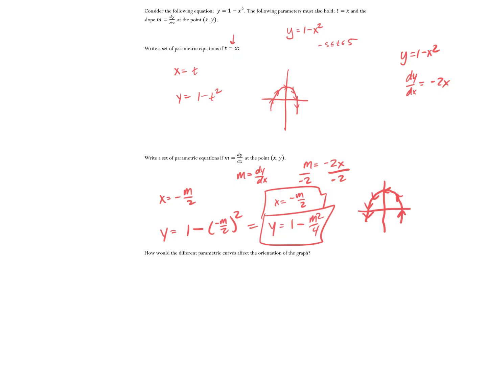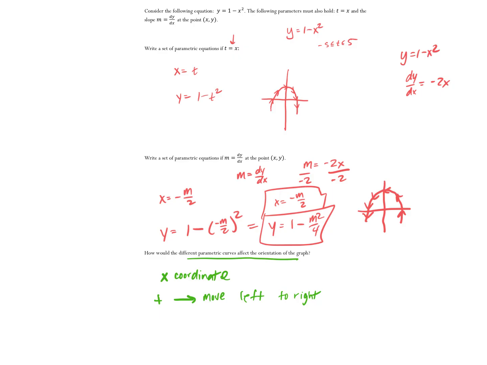So how do different parametric curves affect orientation on the graph? Essentially, if the x-coordinate is positive, the graph is going to move from left to right. Do I feel comfortable with that? No, I don't.